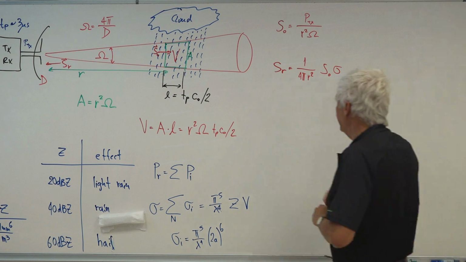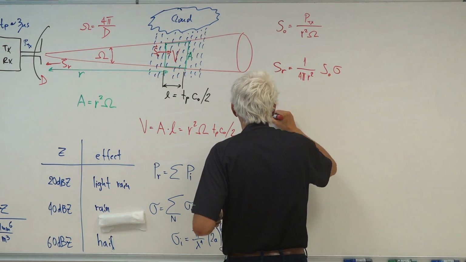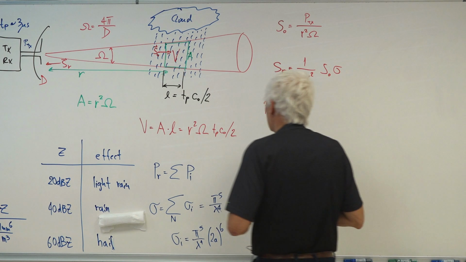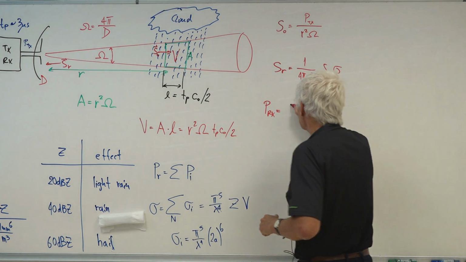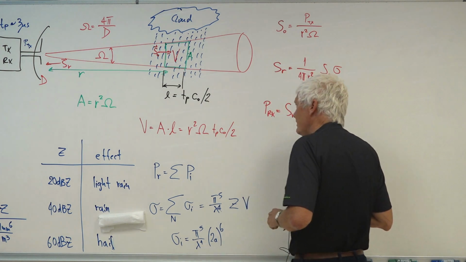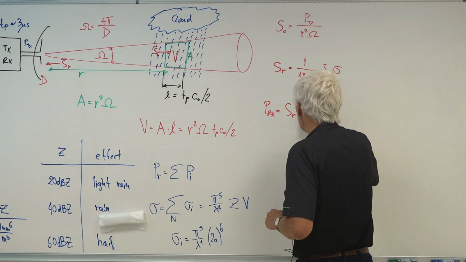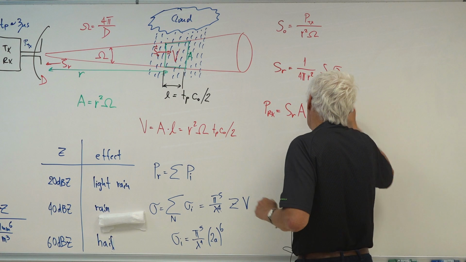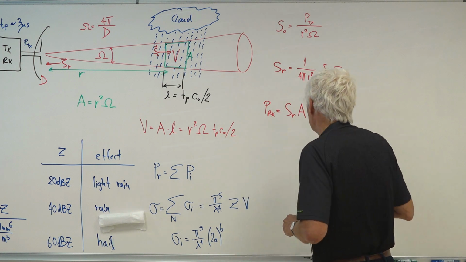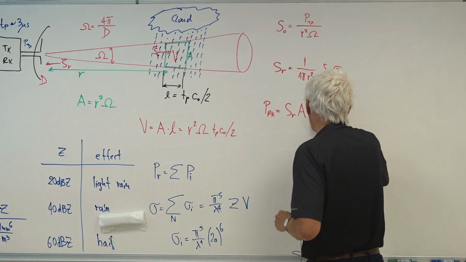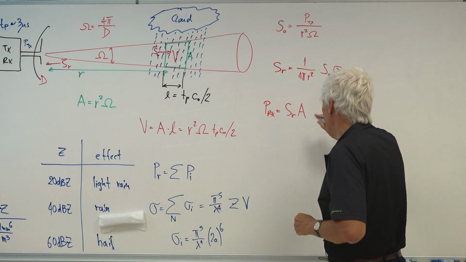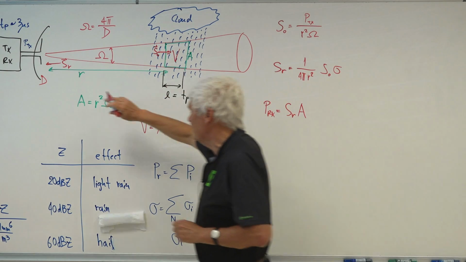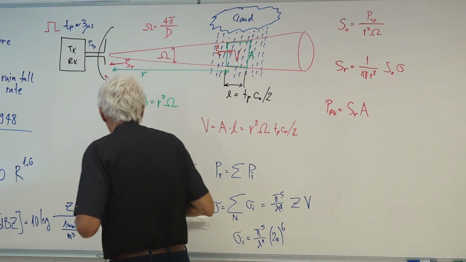And what is the power in the receiver? The power I get in the receiver is S reflected times the area of the antenna, and maybe the efficiency. I will forget the efficiency here; let's say the antenna has an electrical efficiency of 1.